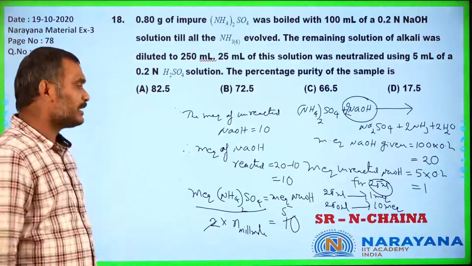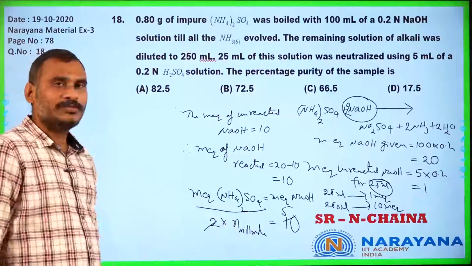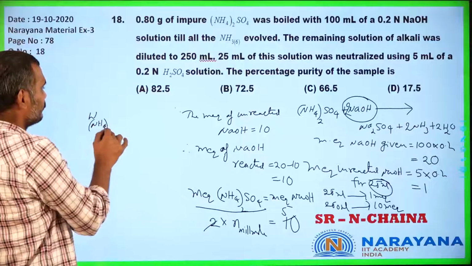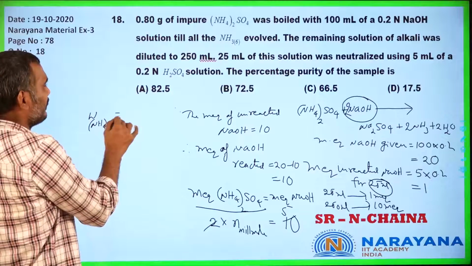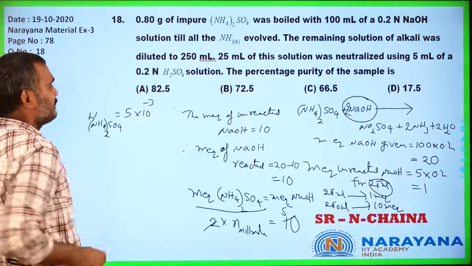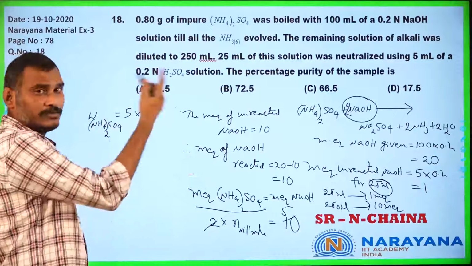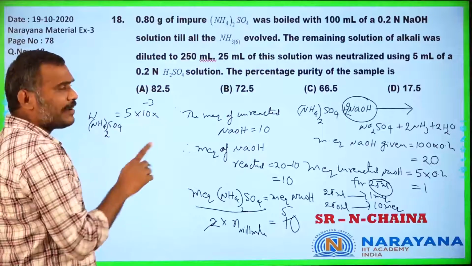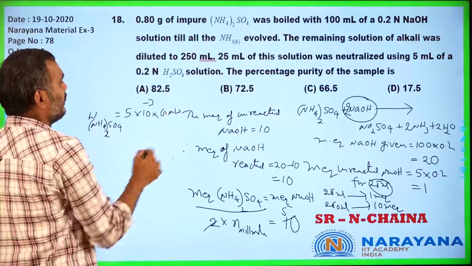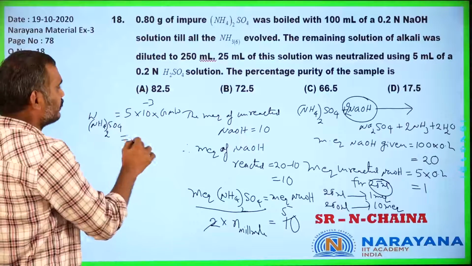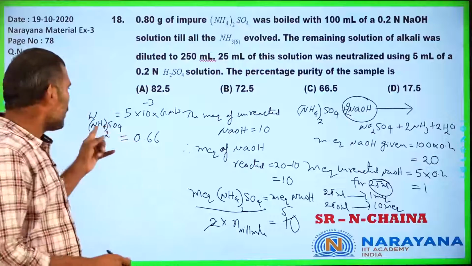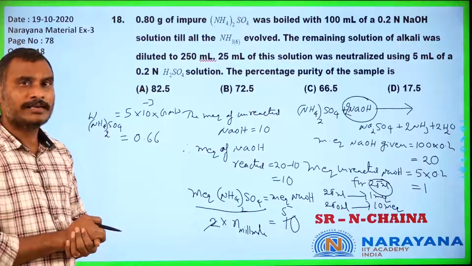Number of millimoles of ammonium sulfate is equal to 5. Then the weight of ammonium sulfate is equal to 5 into 10 power minus 3, converting millimoles into moles, into the gram molecular weight of ammonium sulfate. You calculate, you get 0.66 grams. That is the ammonium sulfate weight you got.